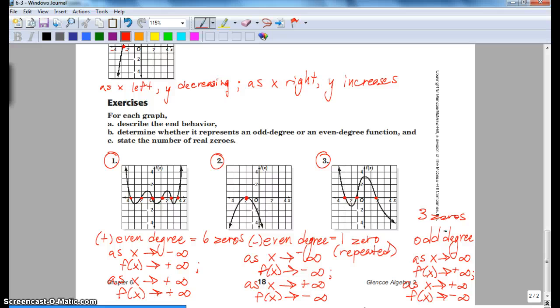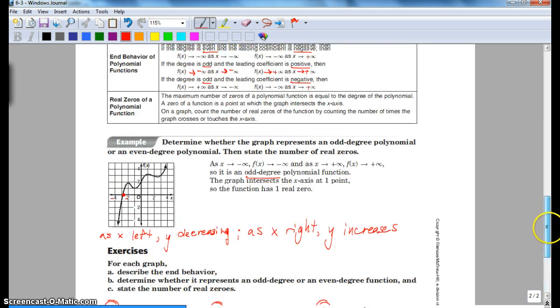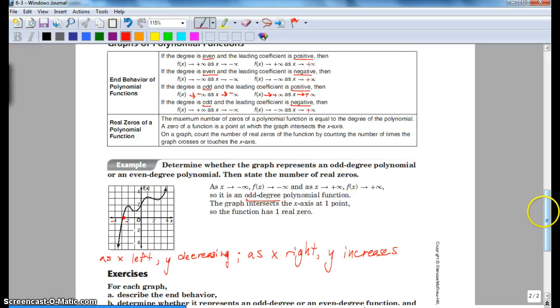And then last but not least, we do need to identify whether it's positive or negative. Just as a finishing touch here, it does appear, because it's up and to the left, down and to the right, if we go back up to our definition at the very top, we pinpoint odd, positive and negative. As x goes to negative, f of x goes to negative. So as x goes left, f of x goes down.